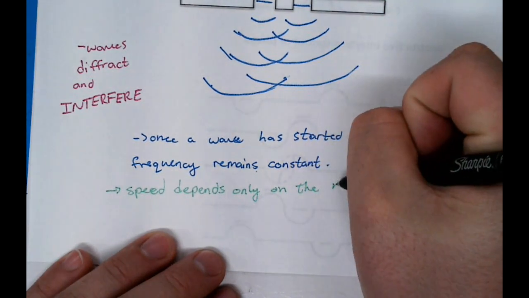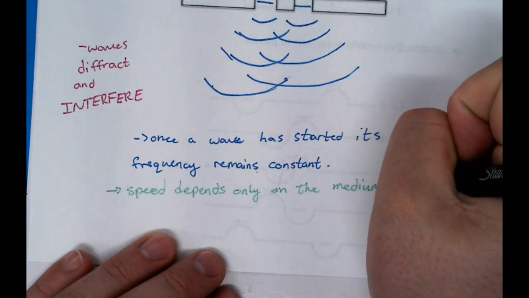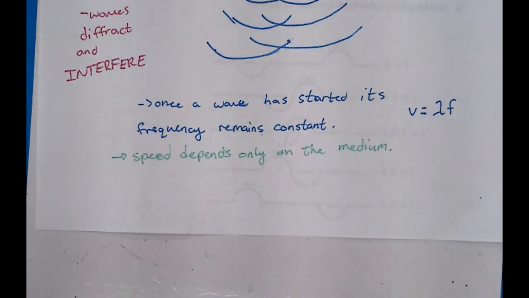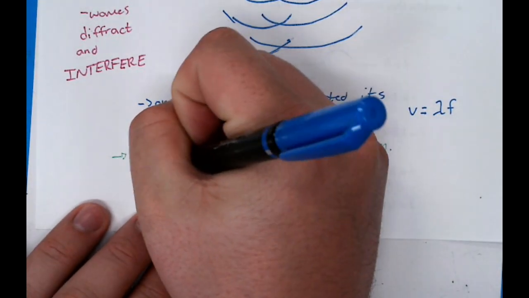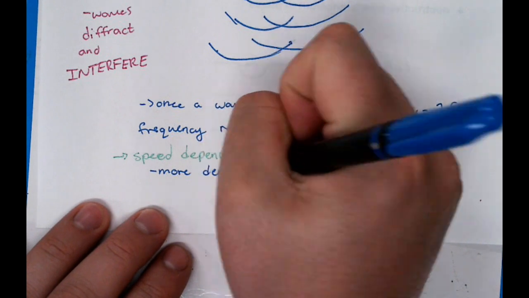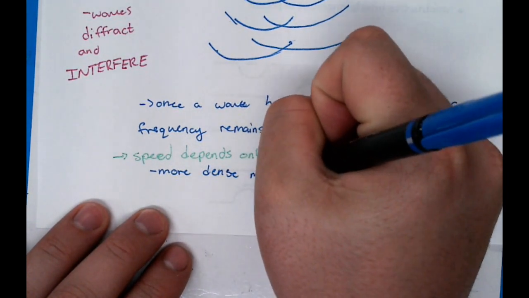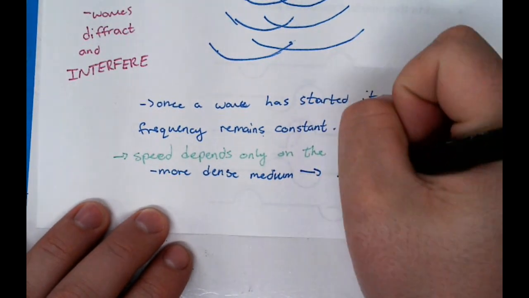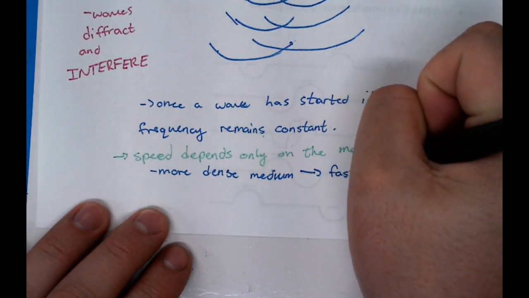If you're in a more dense medium, that means you're going to be moving faster. If you're in a less dense medium, you're going to be moving slower.